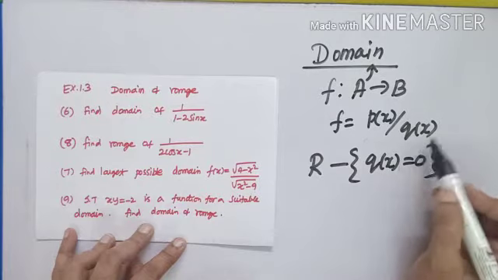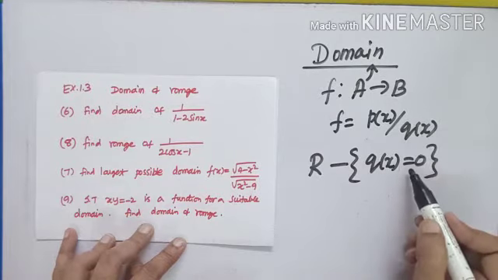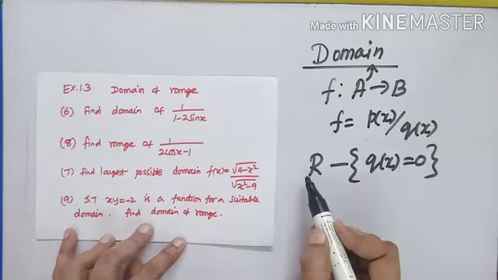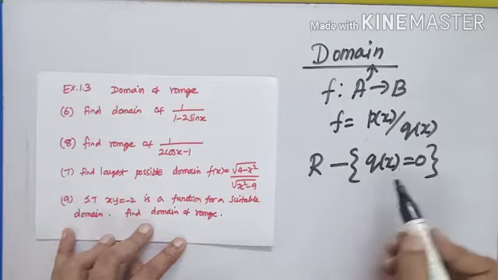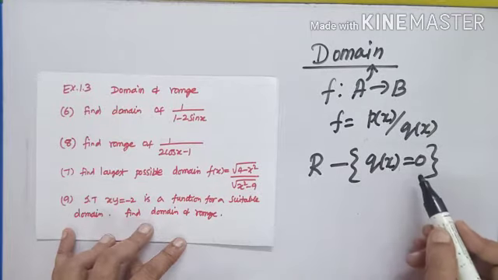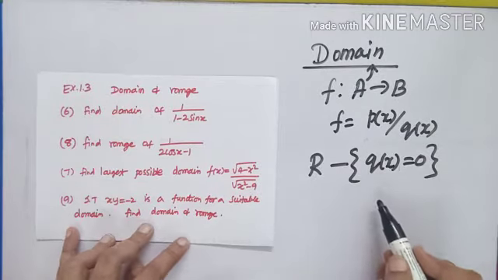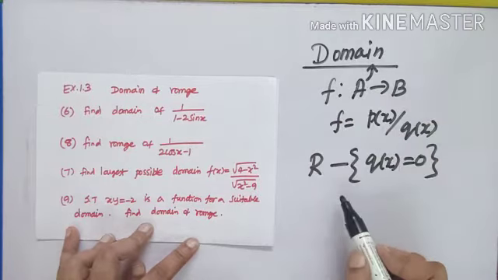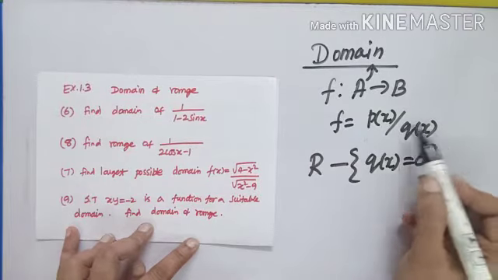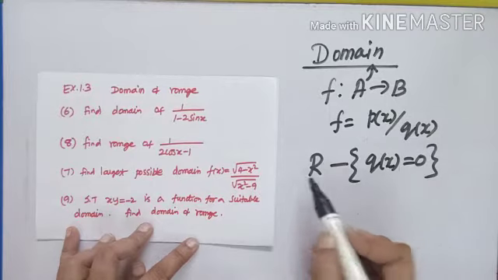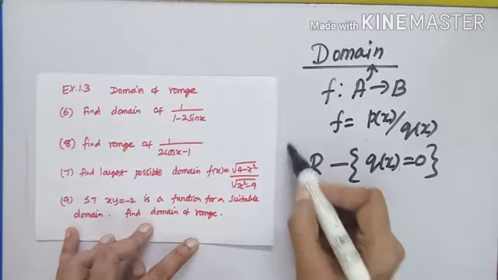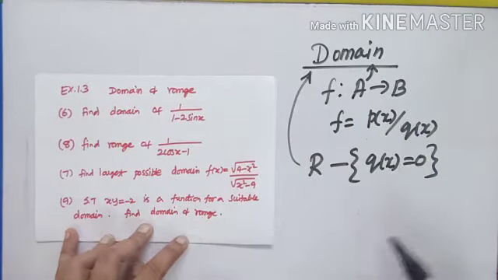So wherever the denominator is becoming 0, exclude it from the real numbers. You have learnt it, excluded values in standard 10. Remember, so here to write domain, exclude the denominator 0 values from R. So this only we call domain.